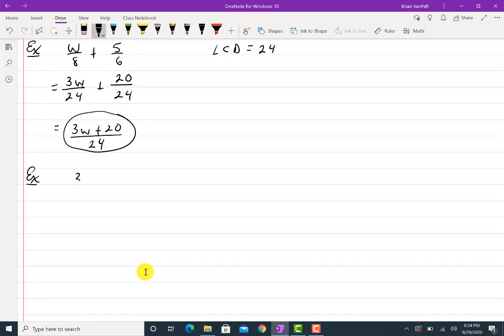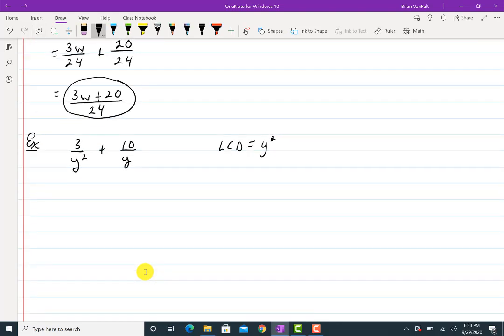Next, I have 3 over y squared plus 10 over y. And you can treat this just like any of the other ones here. The LCD this time, if I want something that goes into both of these things evenly, I'm talking about the y's, then I only need y to the second power, because y squared will go into the first fraction's denominator, and y goes into y squared as well.